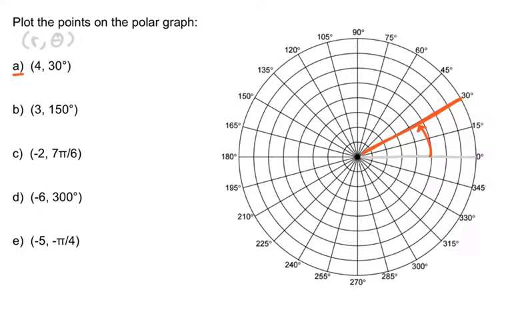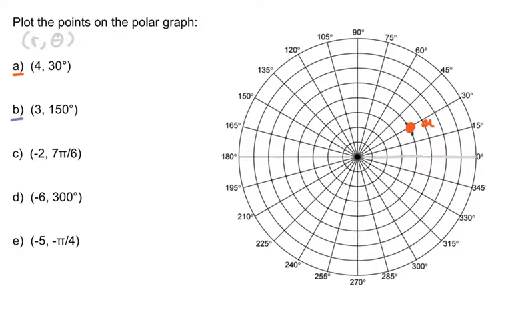Now, where is that point? That point is 1, 2, 3, 4 rings out. So this big dot that I'm drawing right here is what represents point A. We traveled up 30 degrees, and on that 30-degree line, we counted out 1, 2, 3, 4 rings.